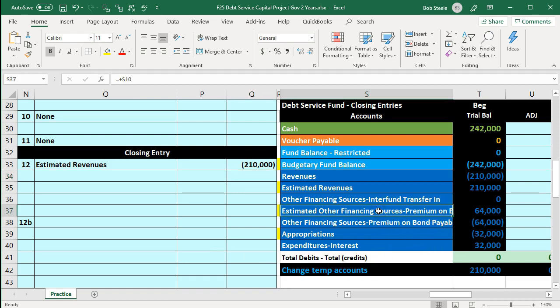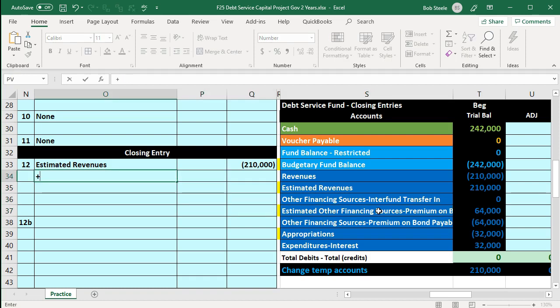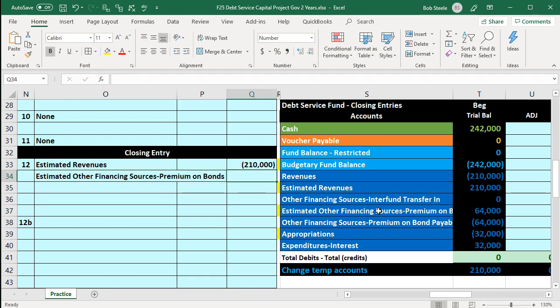And then we have the next one, which is going to be estimated other financing sources. It's got a debit, so we need to credit it. So I'm going to say this is going to be the estimated other financing sources. It's got a debit, so we're going to credit it for whatever's in there, 64,000. So there is that. And then we have the appropriations.